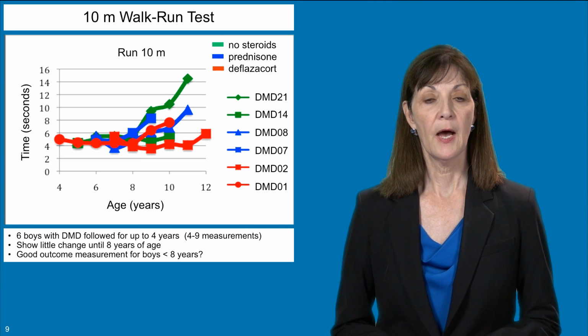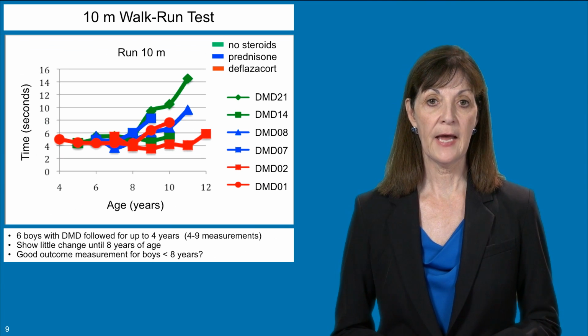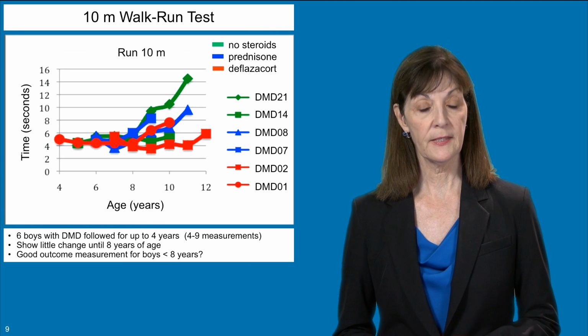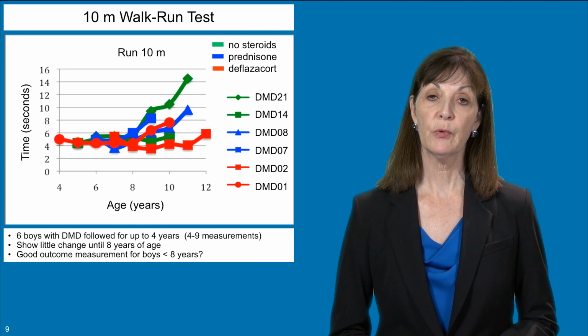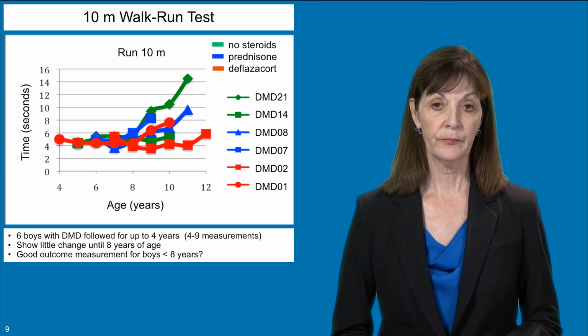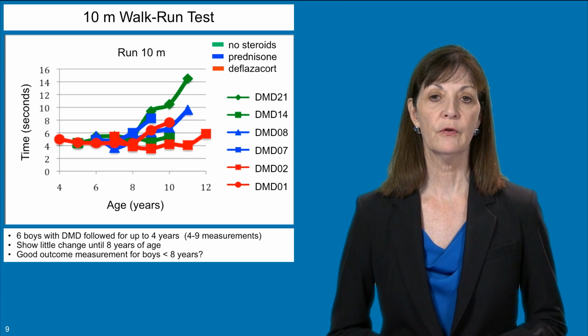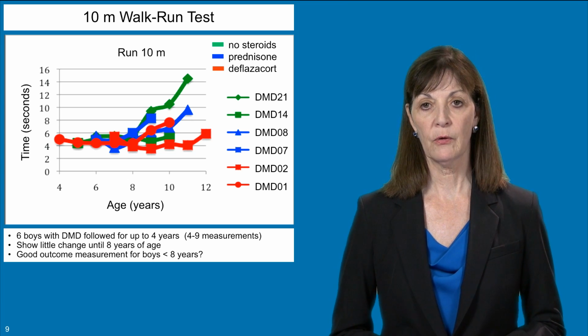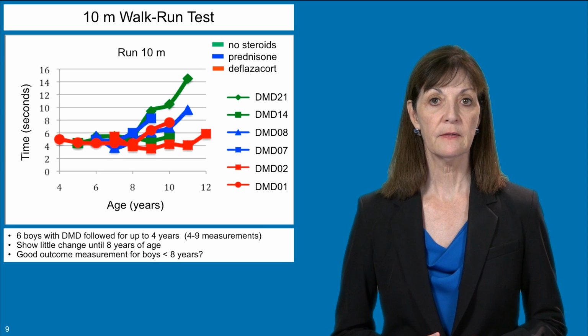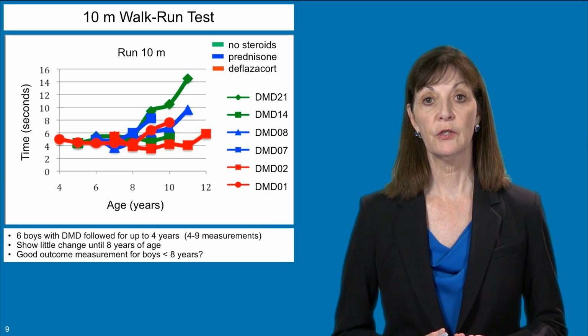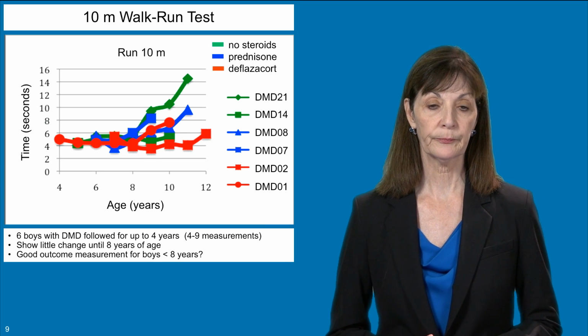So here we have a slide of this outcome measure across age, and it's for 6 boys with Duchenne muscular dystrophy. And there's color coding here for whether the boy was taking steroids or not, and if they were taking steroids, were they taking prednisone or deflazacort.